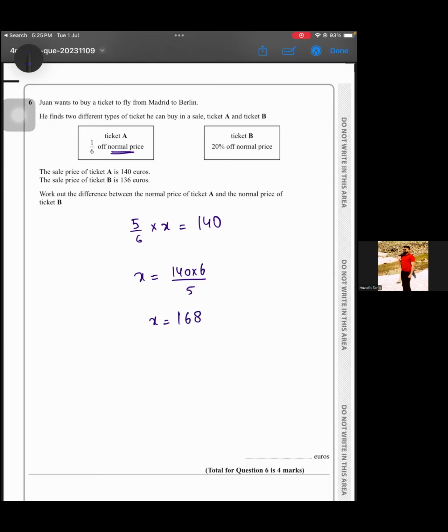So 168 is the original, normal value for ticket A. For ticket B, it's 136 divided by 0.8, which gives you 170. So 80% of y is equal to 136, and the value of y is 170. That is for ticket B. To find the difference, it's 170 minus 168. So we have a difference of 2 euros. That will be your answer.